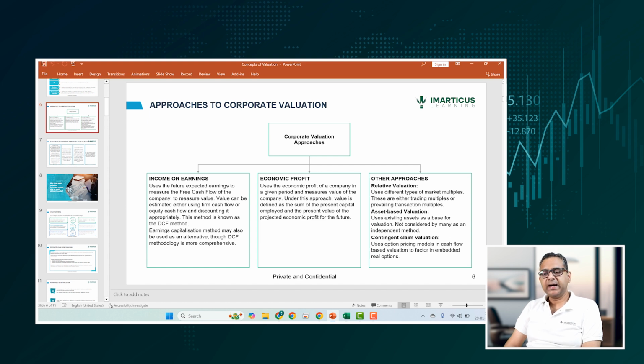Here the problem is that we are only valuing the current assets, the current value of those assets, but we are not considering the potential growth assets. So if we consider the company as a going concern, then a company would keep on reinvesting in new assets also.